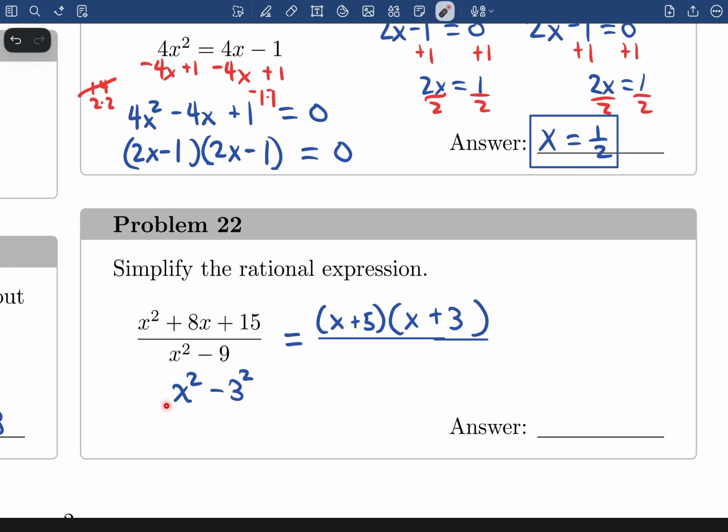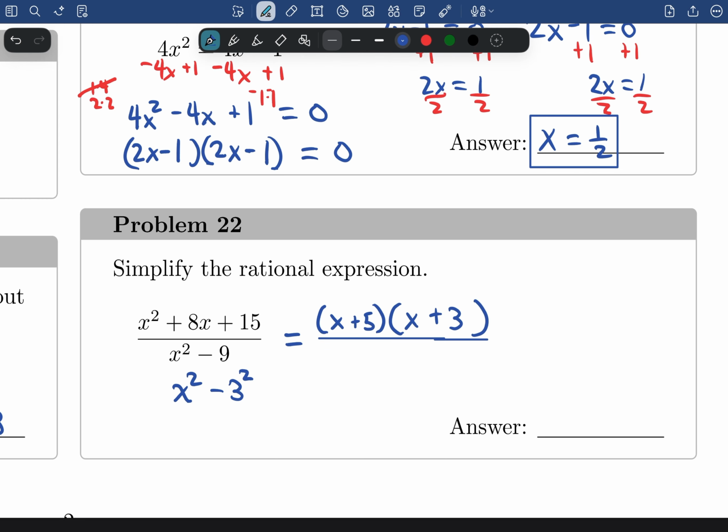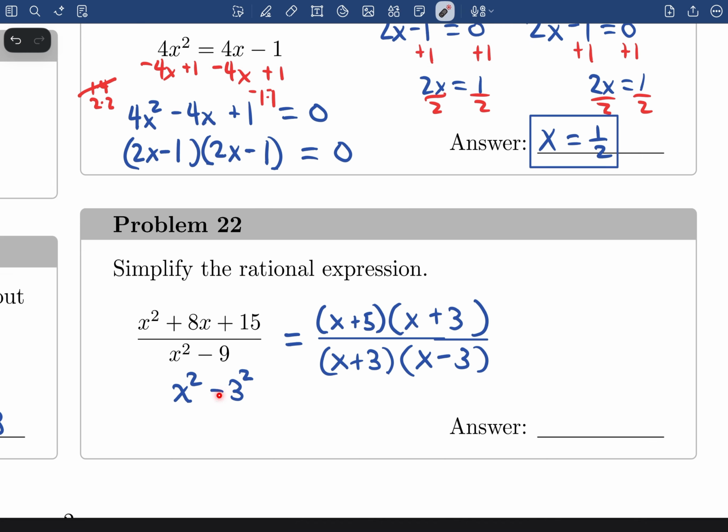And then you'll remember that the difference of squares when you factor it will factor into x and 3 and x and 3 with opposite signs between them. A plus in one and a minus in the other. It doesn't matter the order with which you put the plus and minus. Okay, so the difference of squares factors into the product of conjugates. And this has been addressed in like 3 or 4 different lessons.